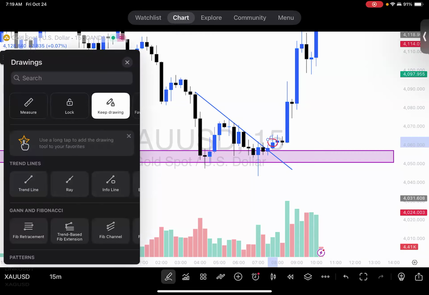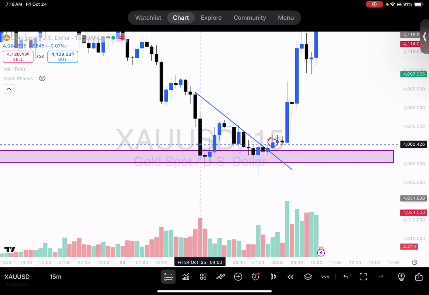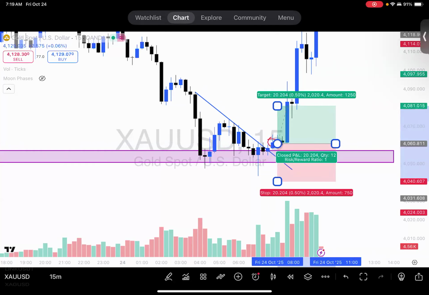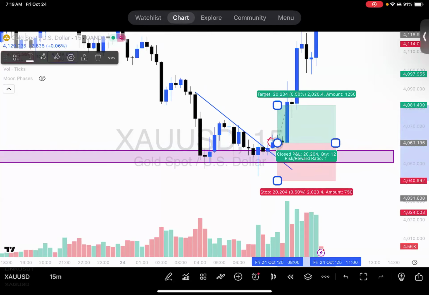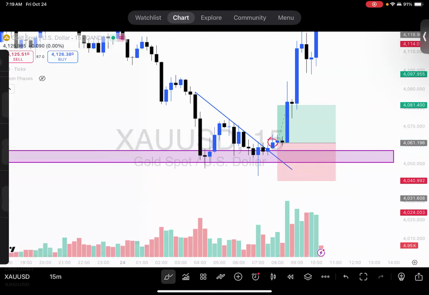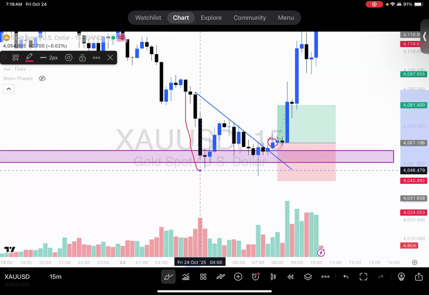And now for risk management. You're probably wondering, how do I do risk management? You enter on the candle that opens right after it. That's your entry zone. And the last leg of the W or the M: in this case, this is our first leg right here.